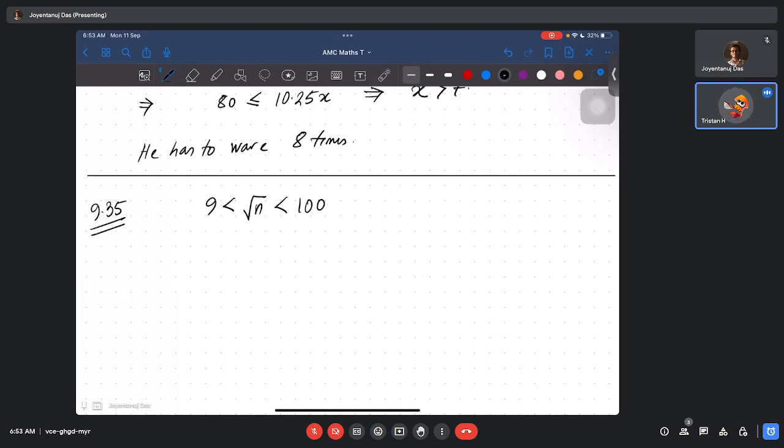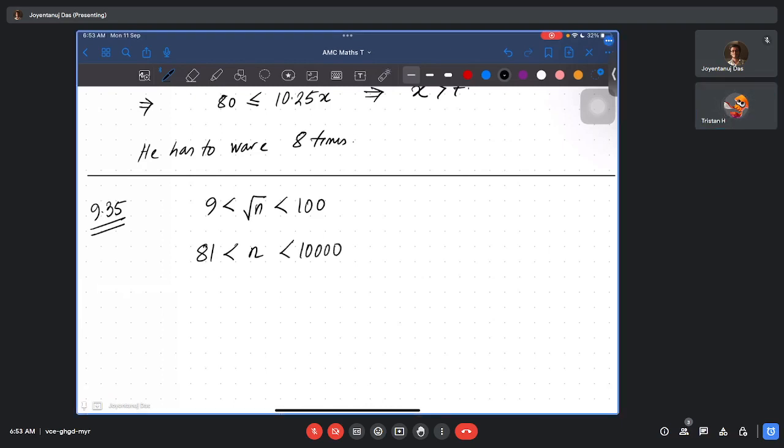So I squared the whole inequality to get 81 is less than n, sorry, less than n, and then n less than 1 with 4 zeros. And then to find the number of integers, I just took 9,999 minus 82 plus 1.